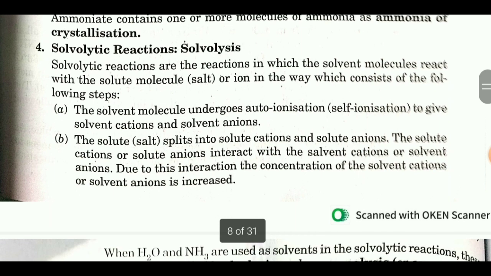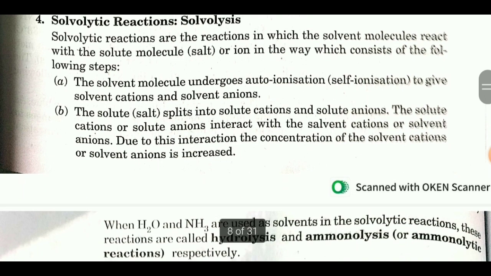Fourth, solvolytic reactions. Solvolysis. Solvolytic reactions are the reactions in which the solvent molecule reacts with the solute molecule, salt or ion in a way which consists of the following steps. A. The solvent molecule undergoes autoionization or self-ionization to give solvent cations and solvent anions. B. The solute or salt splits into solute cations and solute anions.